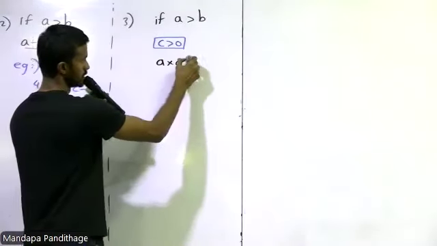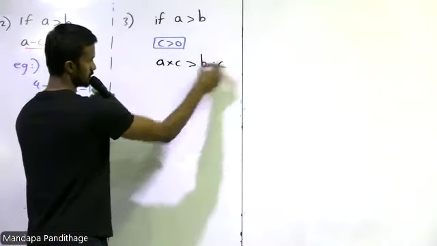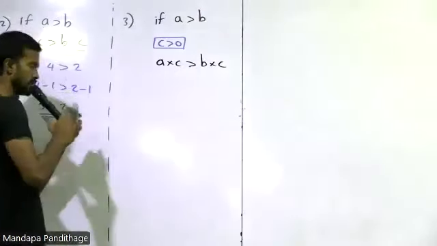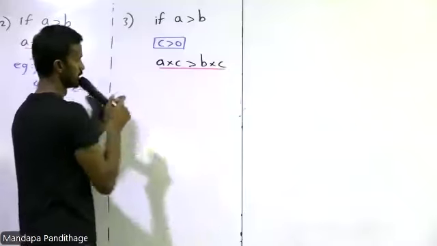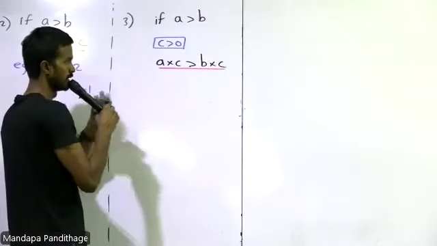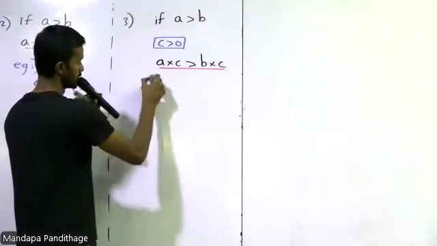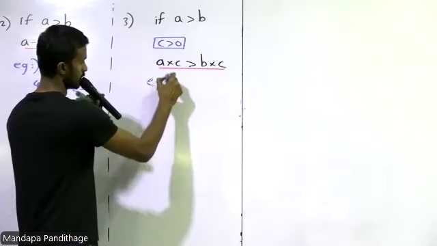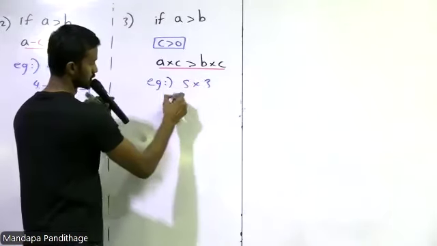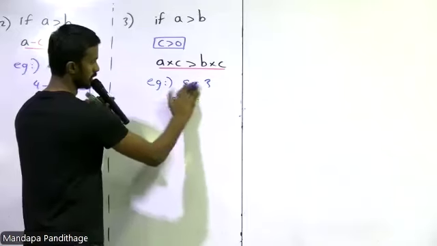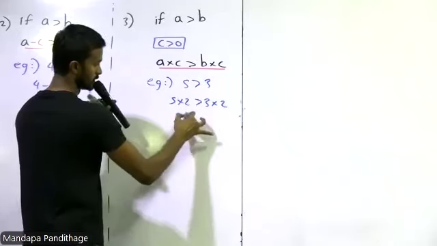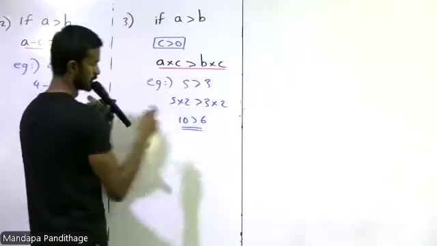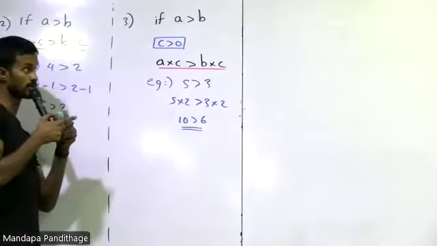A into C is greater than B into C. No change. So if you take an example, I'm writing 5 is greater than 3 and I'm multiplying both sides by 2, which gives me a correct inequality: 10 is greater than 6.